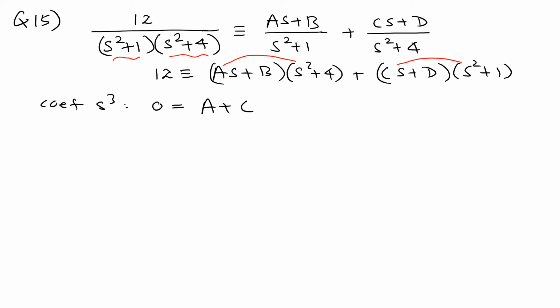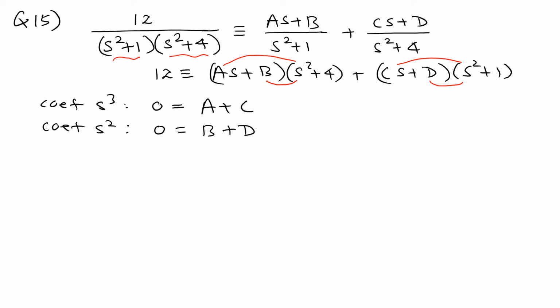So let's go to the next one, which is the coefficient of s squared. We start with the highest power always. And again, there is no s squared term here. Now let's think about how to get an s squared term. You get it if you multiply the b and the s squared terms, and the d and the s squared terms. That means it is b plus d.